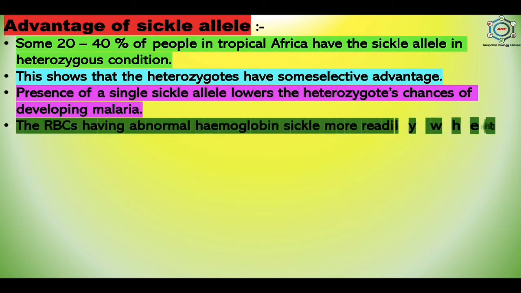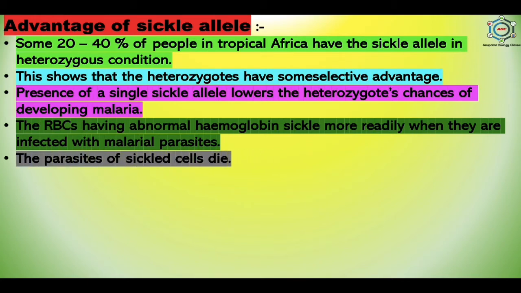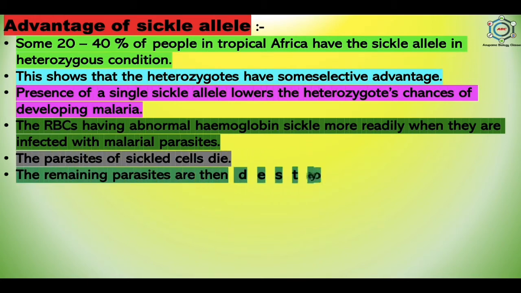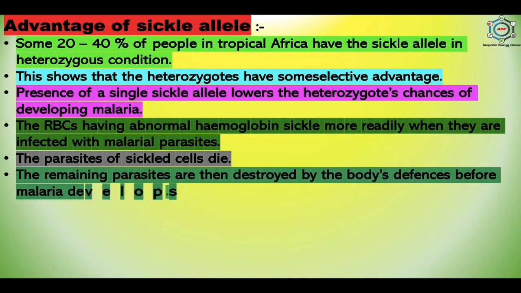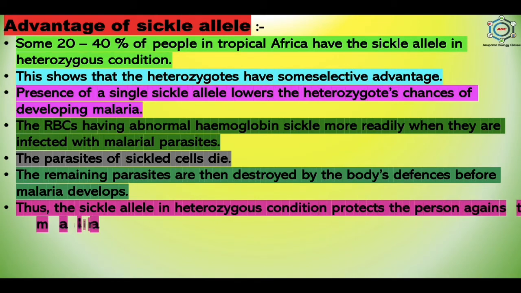The RBCs having abnormal hemoglobin sickle more readily when they are infected with the malarial parasite. The parasites in sickle cells die. The remaining parasites are then destroyed by the body's defense before malaria develops. Thus, the sickle allele in heterozygous condition protects the person against malaria.